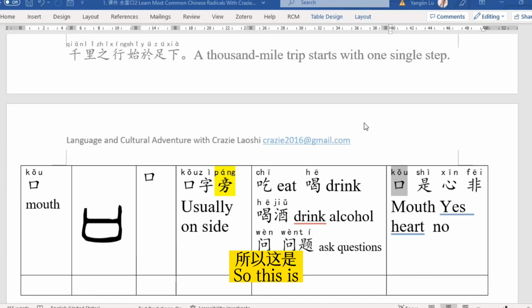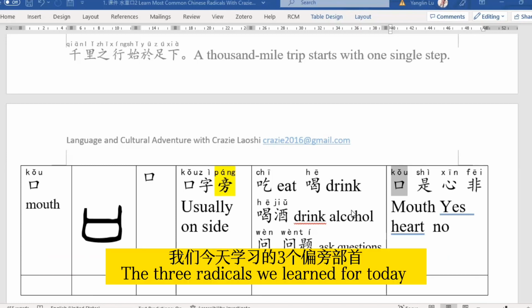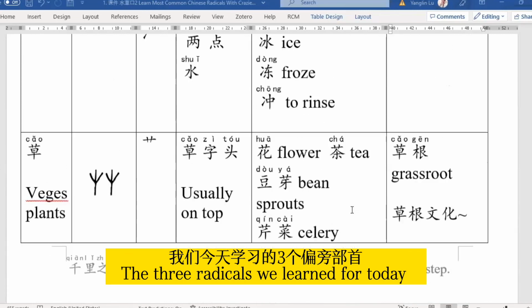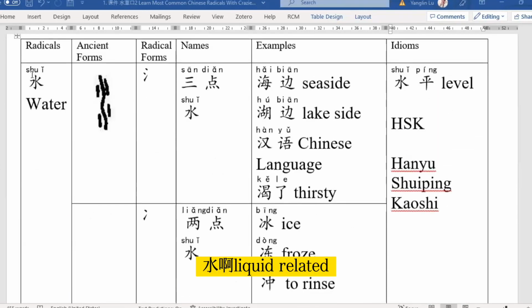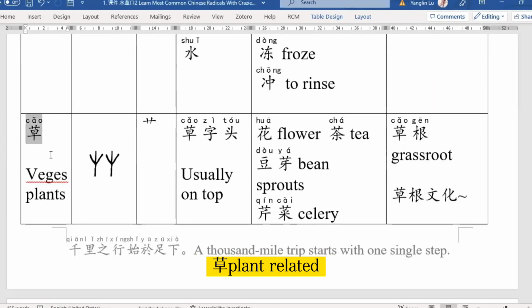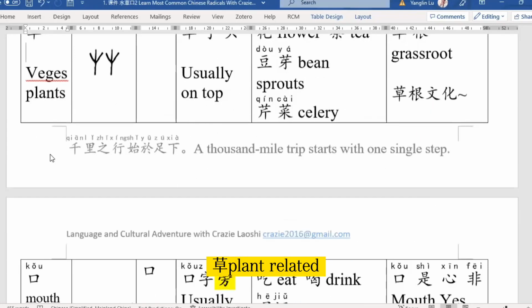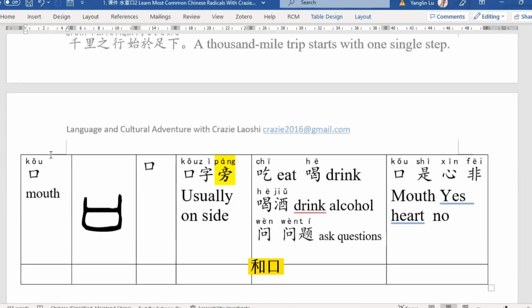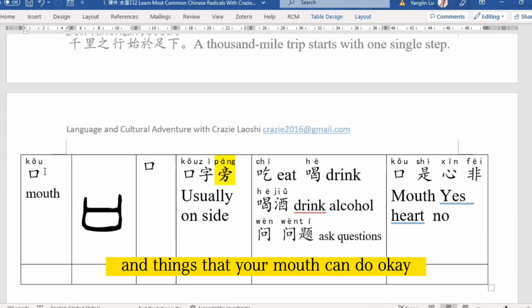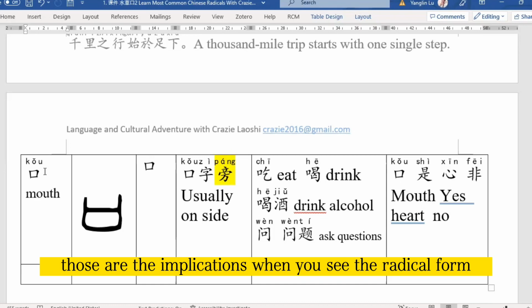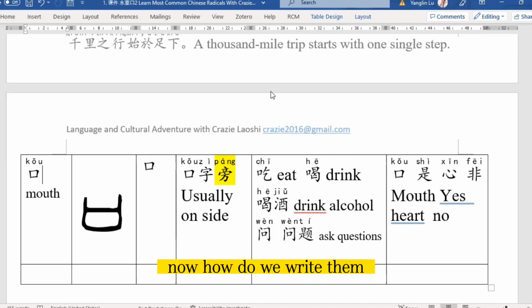Okay, 好，所以这是我们今天学习的3个偏旁部首，水 liquid related, 草 plant related, 和口 and things that your mouth can do. Okay, those are the implications when you see the radical form. Now, how do we write them?